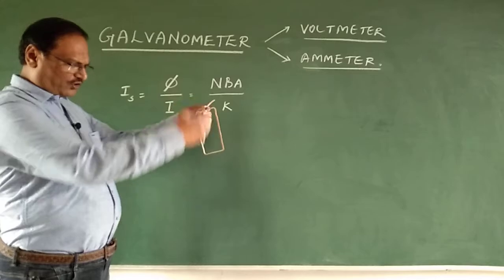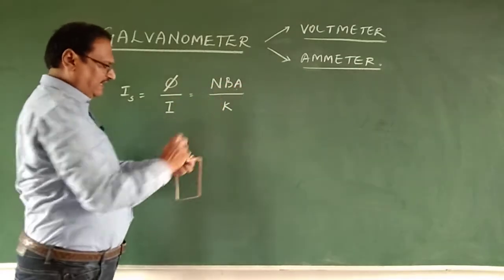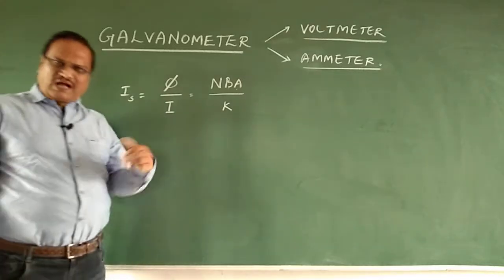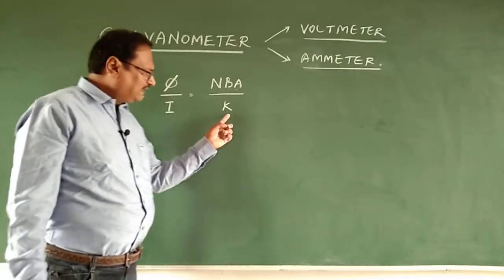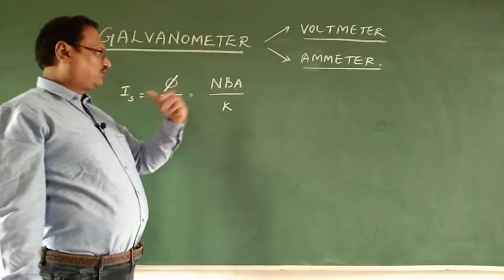We can have more turns, that is N, B is magnetic field and A is a larger area. Or by decreasing the torsion constant, or by decreasing the spring constant.